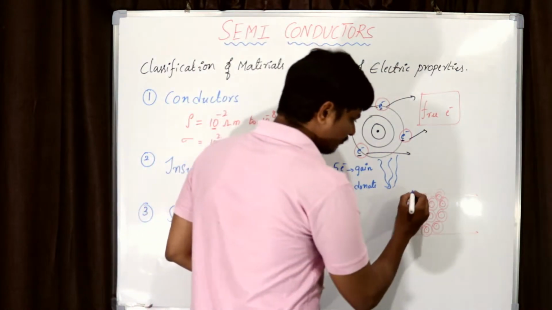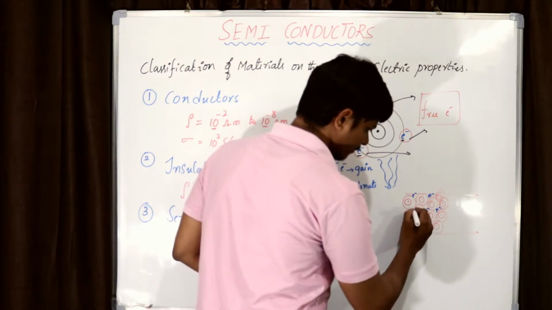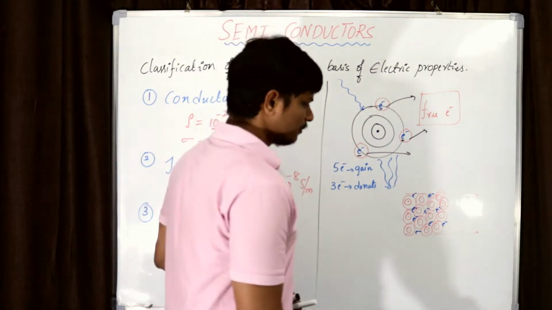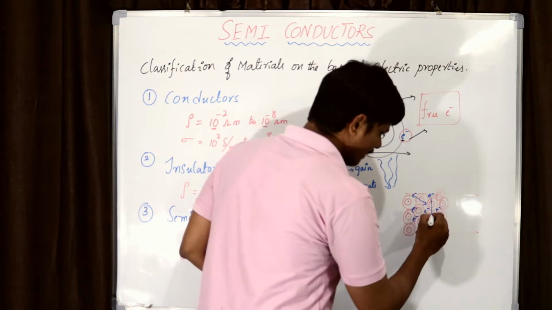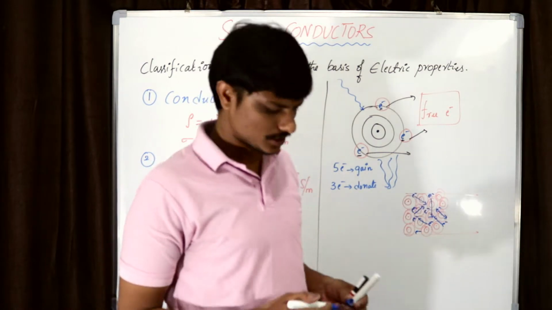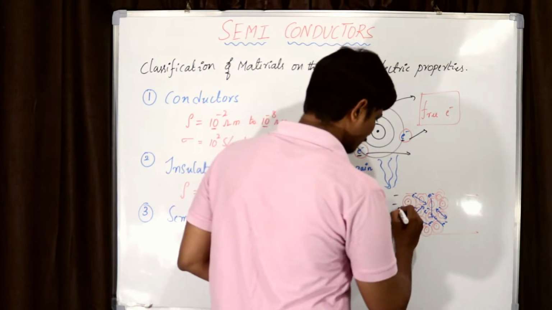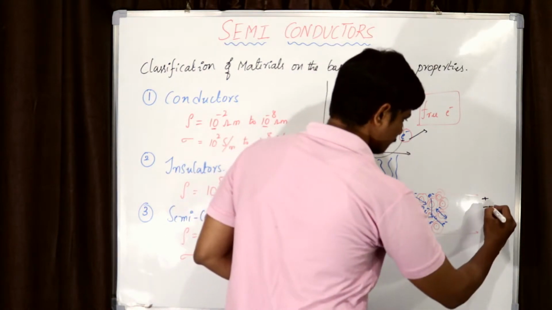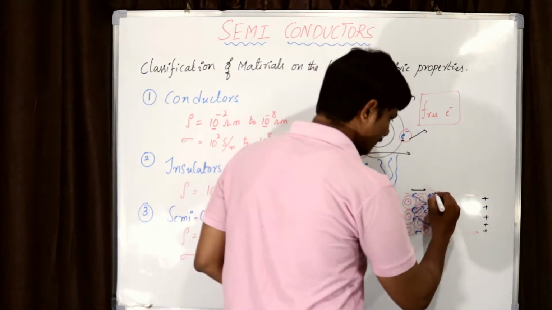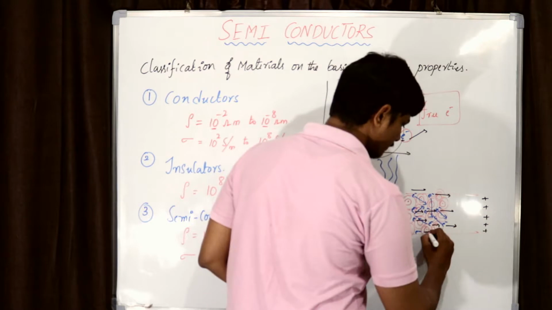Therefore, there are more free electrons. So what happens? These free electrons move randomly from one atom to another atom. In such a way they move at room temperature. Whenever we supply an external potential difference across the conductor or across this material, these free electrons will be accelerated towards the positive potential, right?